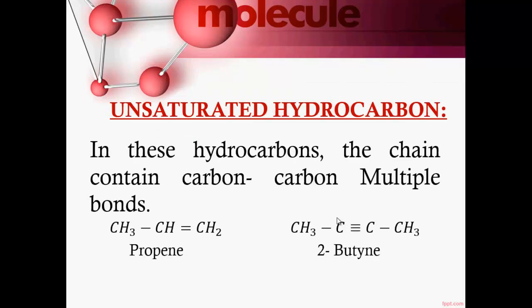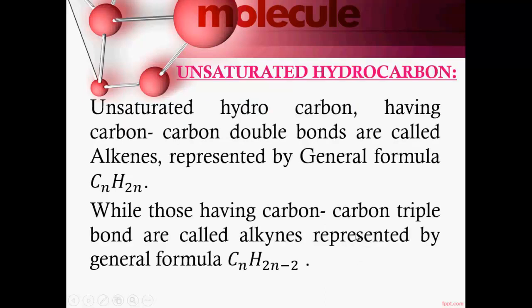Now come to unsaturated hydrocarbons. In these hydrocarbons, the chain contains carbon-carbon multiple bonds, as seen in this propene molecule. In propene there is a double bond, and this is 2-butyne, it has 4 carbon atoms, and there is a triple bond between these 2 carbon atoms. So they have a multiple bond.